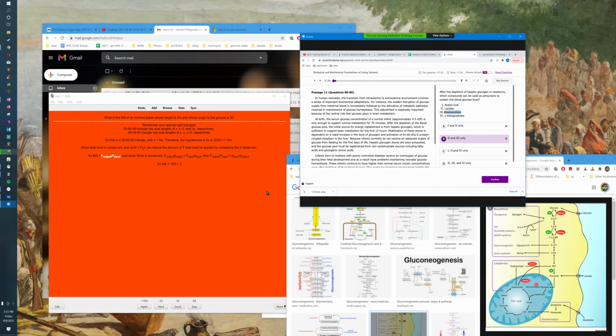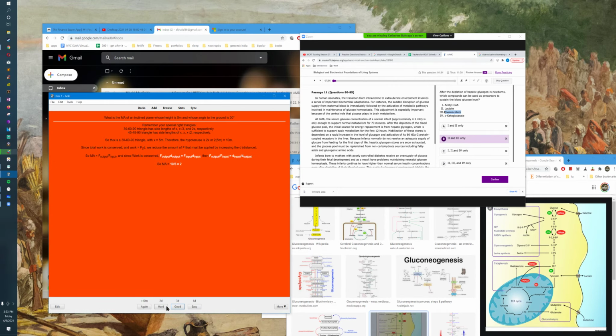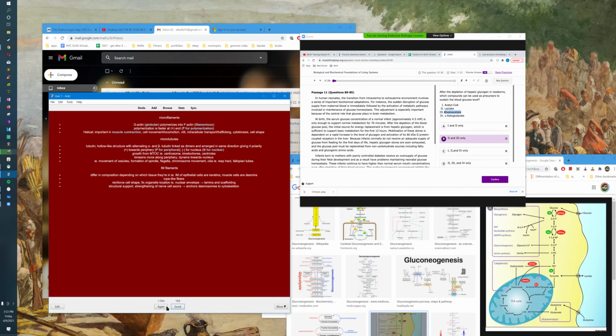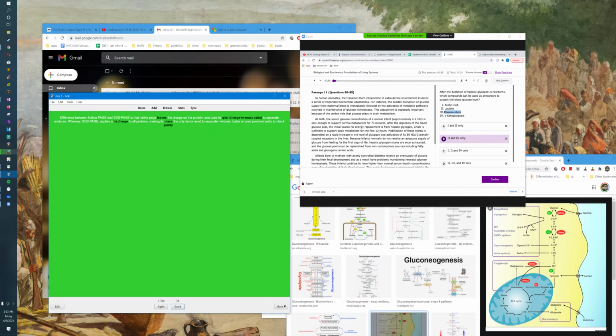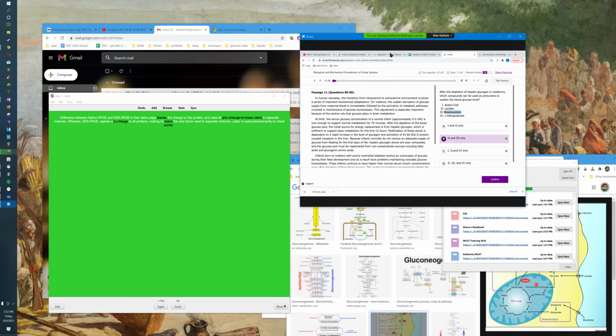Now if they were talking about cellular respiration, I would say yeah, those are part of the Krebs cycle. But when I read 'after the depletion of hepatic glycogen, which compounds can be used,' oh, I see the alpha ketoglutarate thing. Here, let me share my screen for a sec.